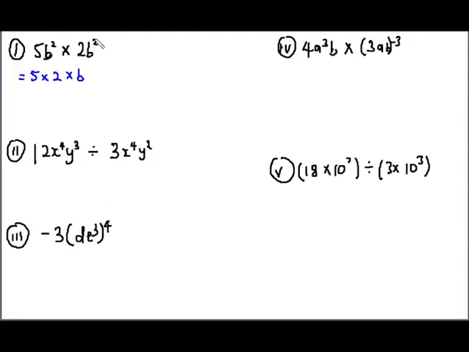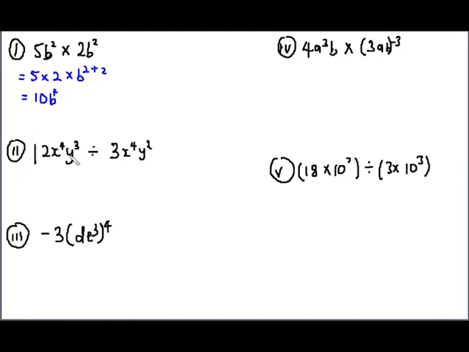So this is 2 plus 2, which is equal to 5 times 2 is 10, and then b, 2 plus 2, 4. So the answer to this problem is 10b raised to the power of 4.